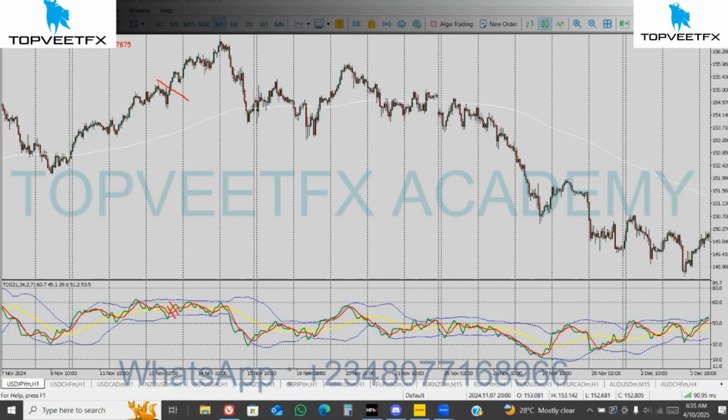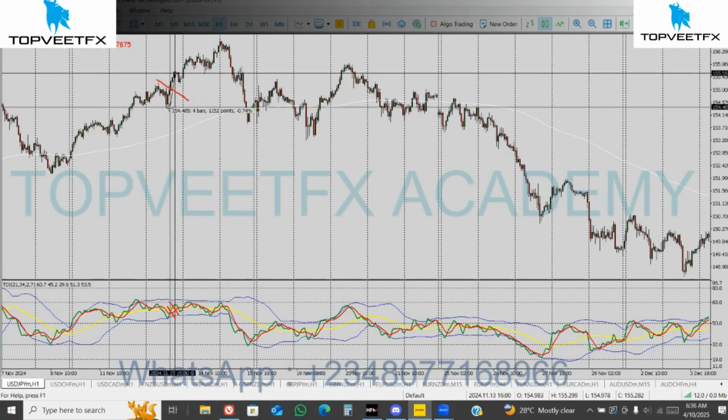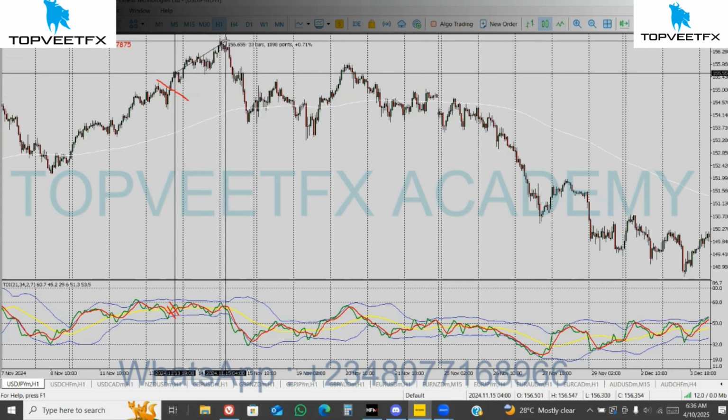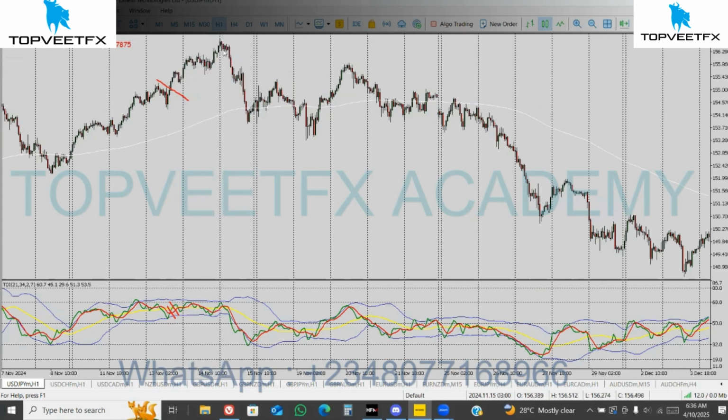And when it crosses the market baseline, then you are sure that this trade is no more coming down. Now you pick your trade there, you put your stop loss below there, and you can see that it gave us 111 pips.